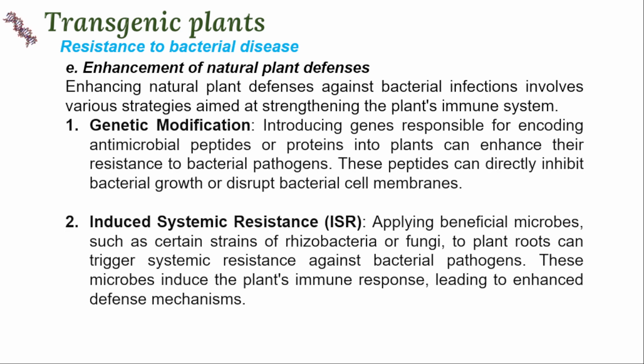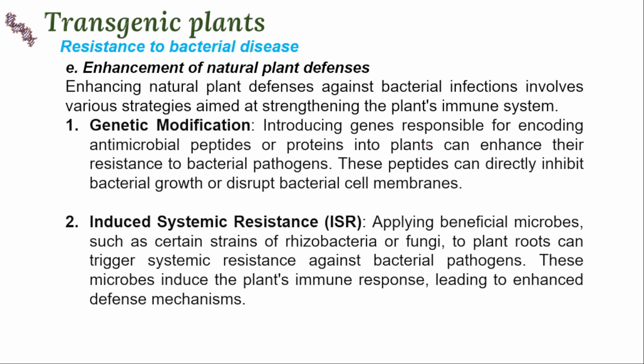Next, one more approach is called enhancement of natural defense mechanisms in plants. So some genetic modification should be done by a transgenic approach. We'll insert more of these pathogen-derived genes, so that they can easily defend and express more of these peptides. Expression will be higher in multiple folds, and because of the multiple-fold expression, that will prevent bacterial infection. Some chemicals are there.